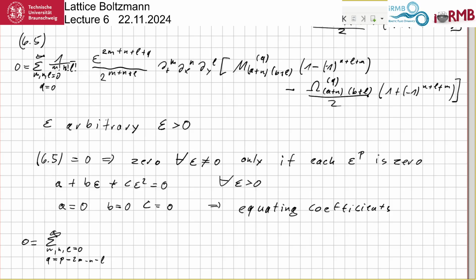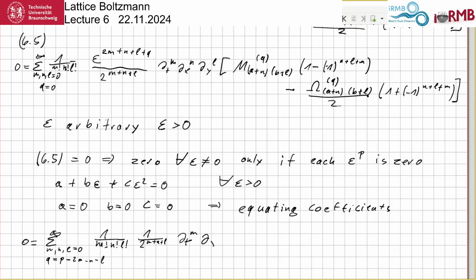They go to infinity, so we have 1 over m factorial, n factorial, l factorial. We still have 1 over the power of 2 to the m, by the power of n plus l. This all in 3 dimensions gets more annoying than this.